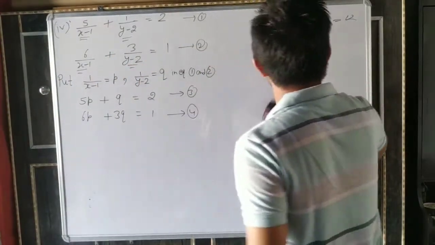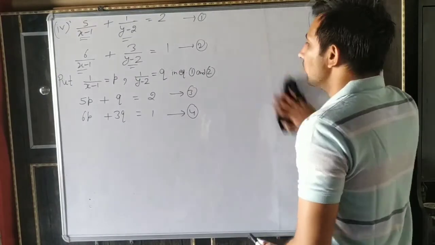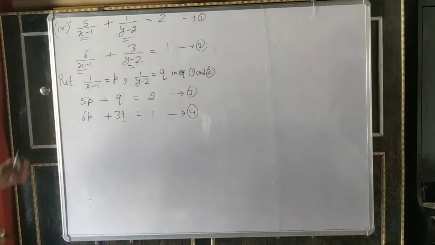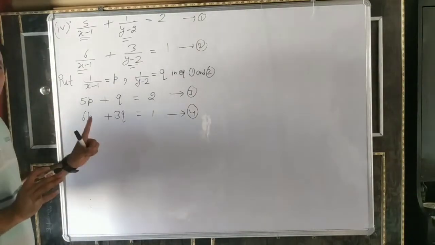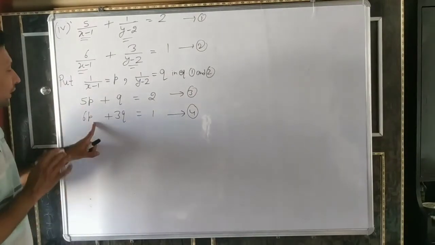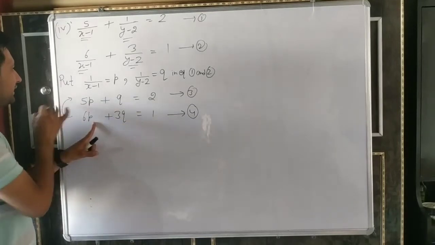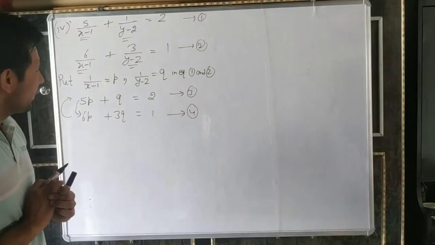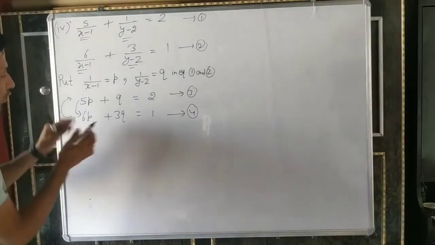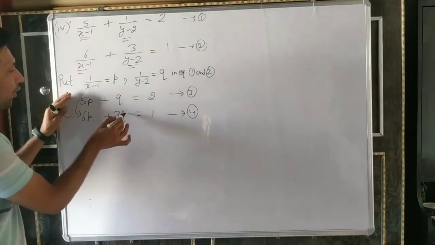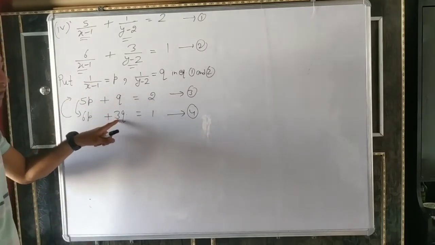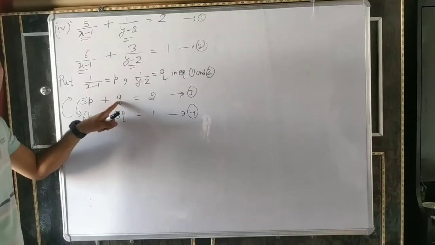Now we will find the values of p and q. So which one is easy? If we want to make the coefficients of p equal, we multiply equation 3 by 6 and equation 4 by 5. But we observe that the coefficient of q in equation 3 is 1q and in equation 4 is 3q.